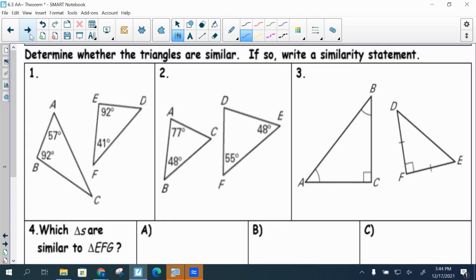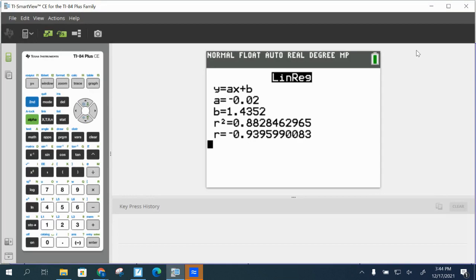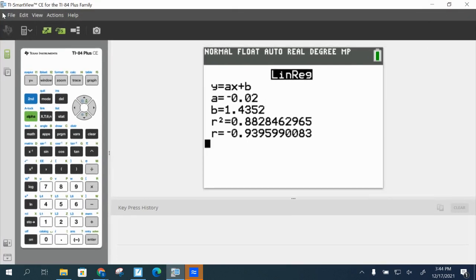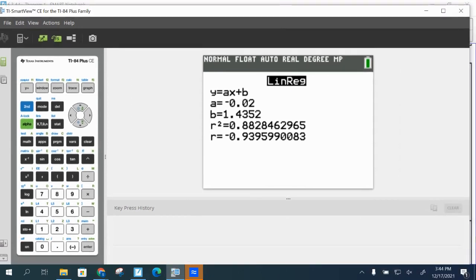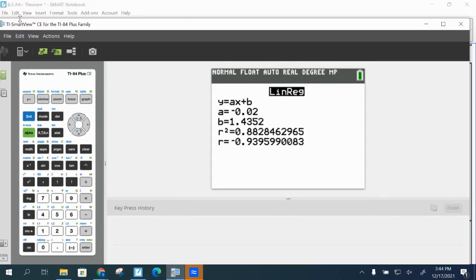And then the next part says determine whether the triangles are similar. So for number 1, this says 92 and 57, but this says 92 and 41. So you want to figure out the third angle and see if any of them match up.